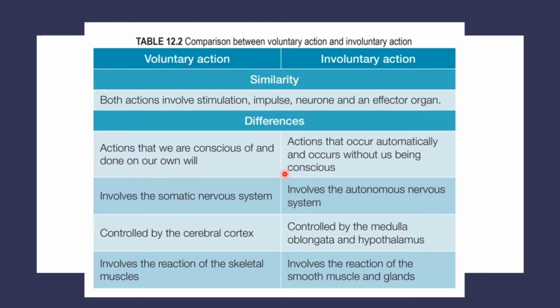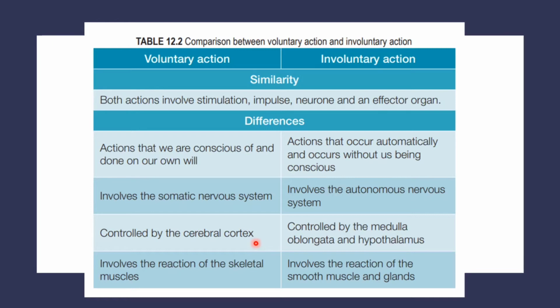Voluntary action involves the somatic nervous system, while involuntary action involves the autonomous nervous system. Voluntary action is controlled by the cerebral cortex or cerebrum.